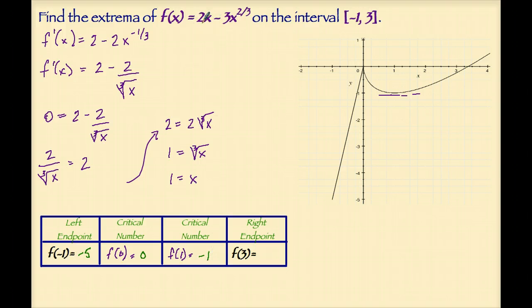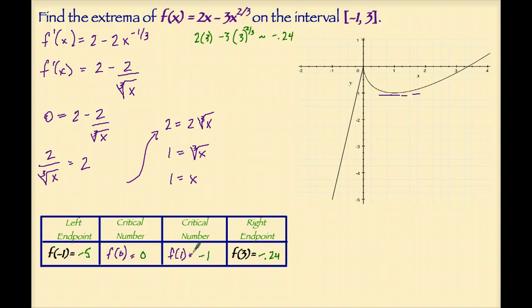And when we put 3 into the original function, we get 2 times 3 minus 3 times 3 to the 2/3 power. Now we are going to need to know what this is in comparison with our other values. So we should get a decimal approximation here for comparison purposes. It turns out that that's approximately -0.24.